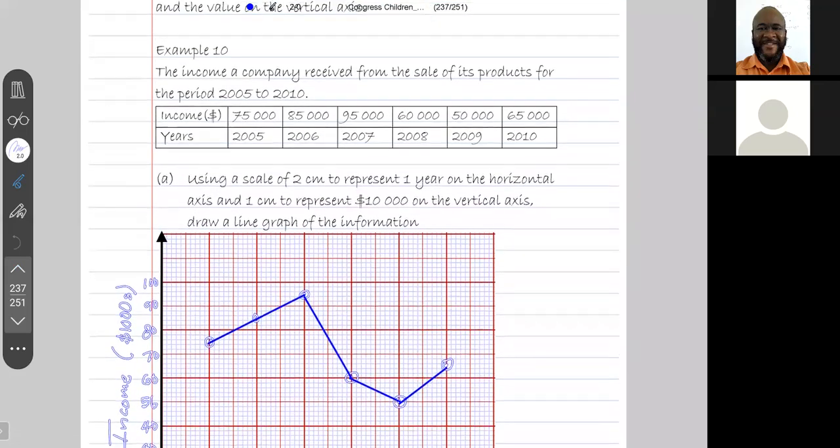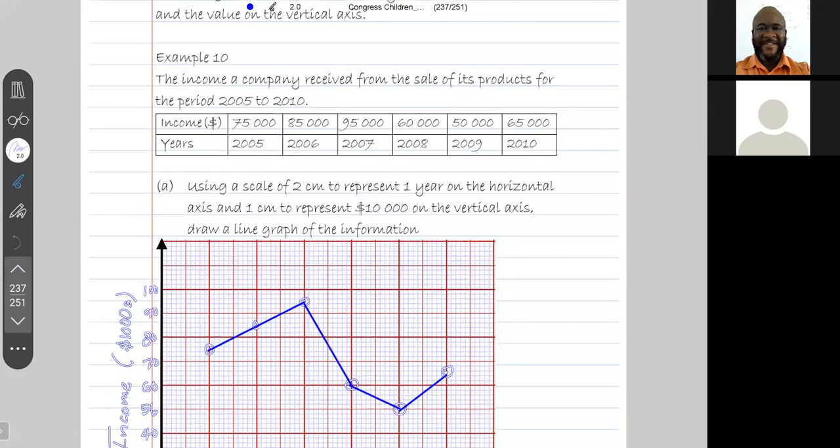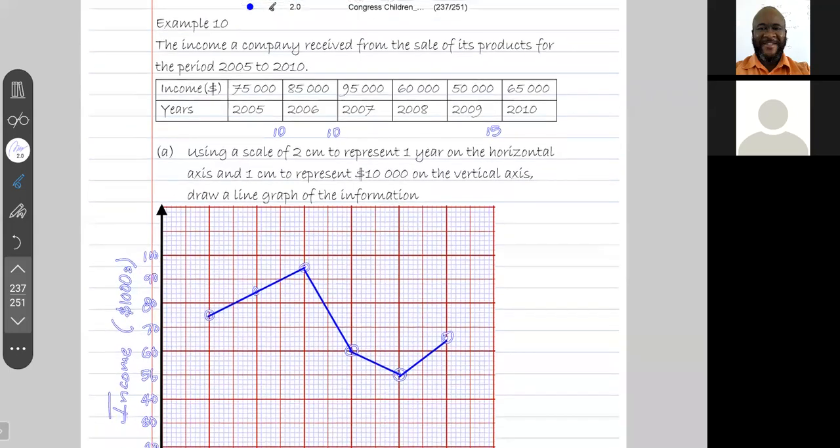You could also probably get the information from the table itself. Here, the increase is 10,000, 10,000. And then here, the increase from 2009 to 2010 is 15,000. So the period for the greatest rate of increase would be 2009 to 2010.